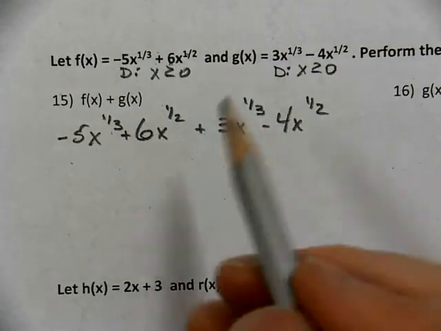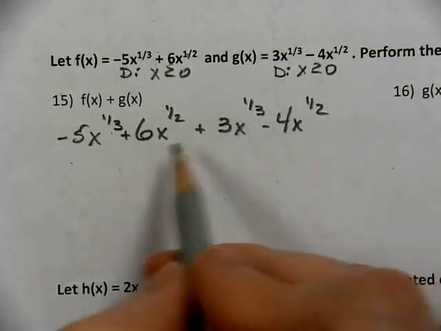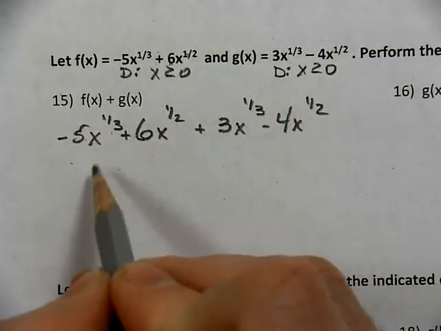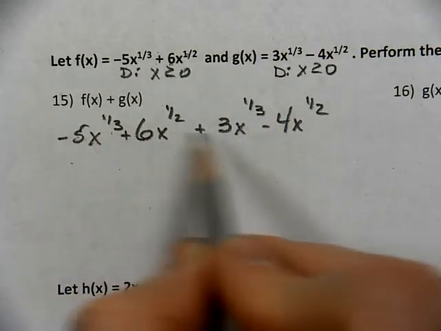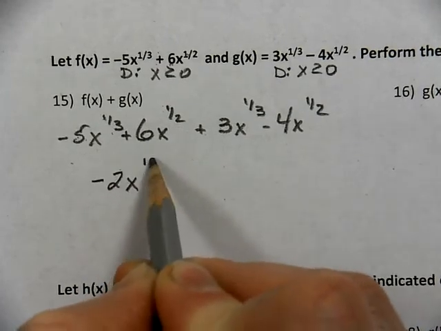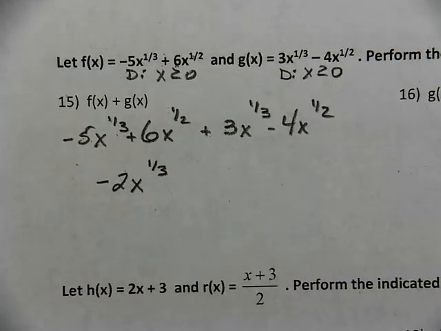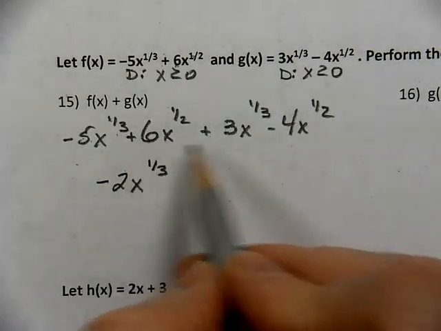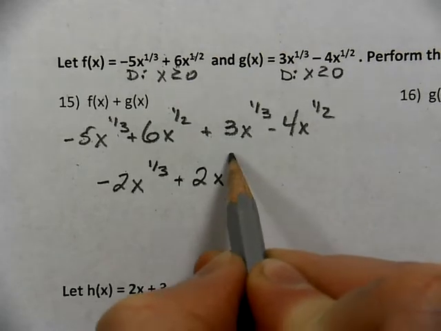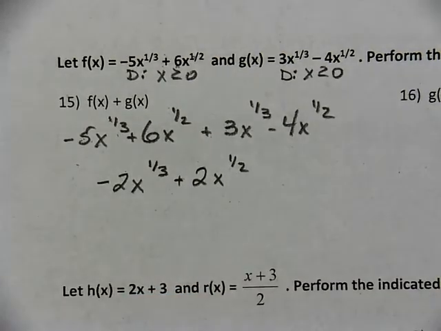The plus, there's no need for parentheses. So to collect our like terms, the 1/3 and the 1/3, so we have -5 and +3 to give us -2x to the 1/3. We don't do anything with the exponents if we're adding or subtracting. +2x to the half power.